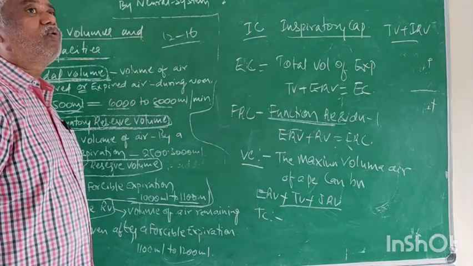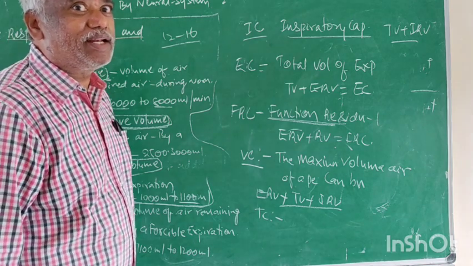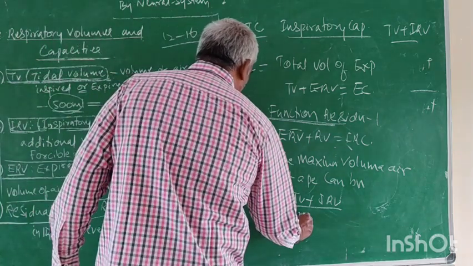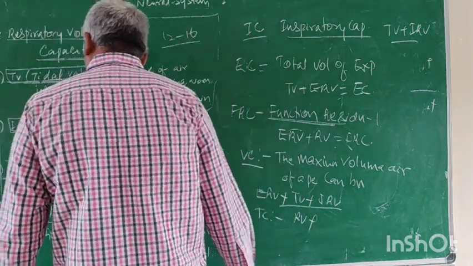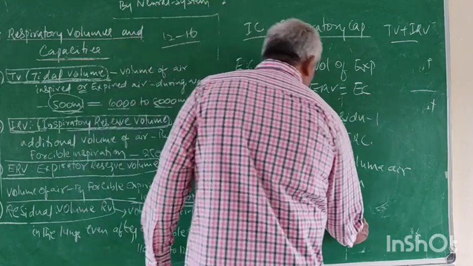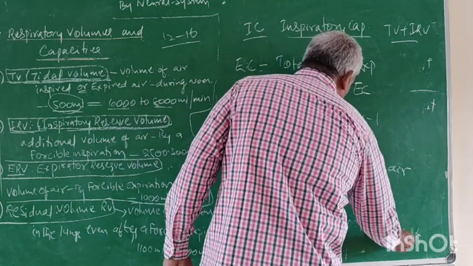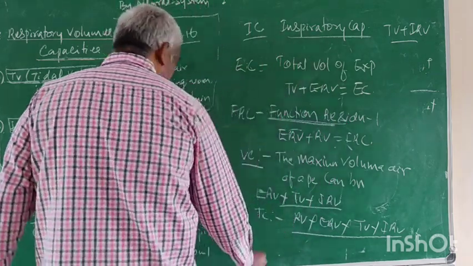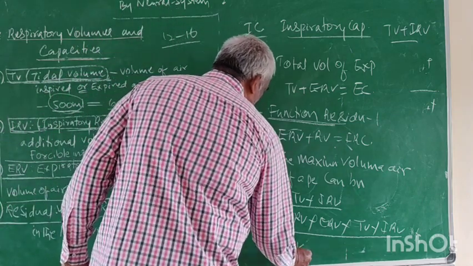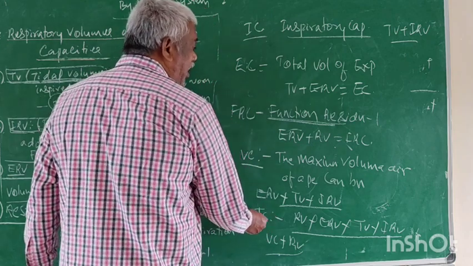What is the capacity of the lung to accommodate air? That is RV, residual volume, plus ERV plus TV plus IRV, which is RV plus VC. Residual volume and vital capacity together give the capacity, TLC, total lung capacity.